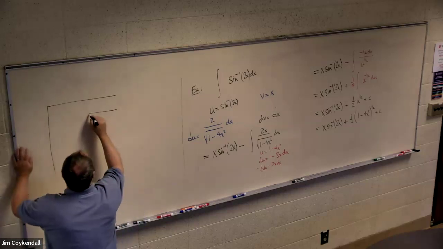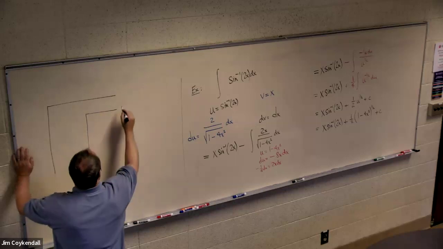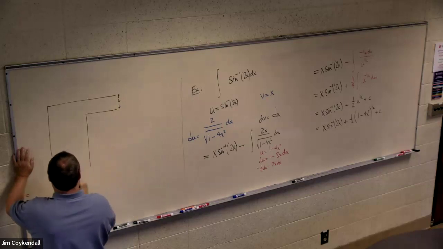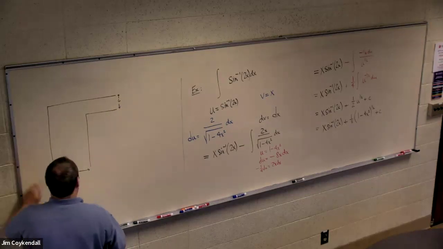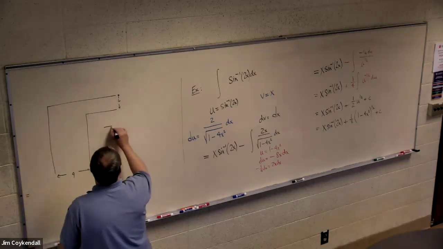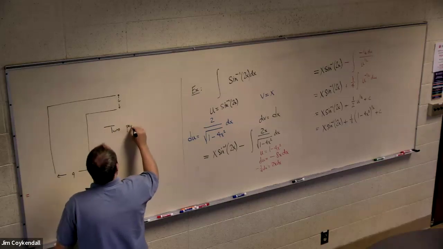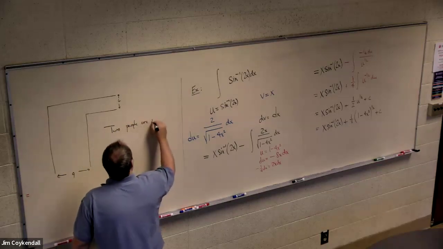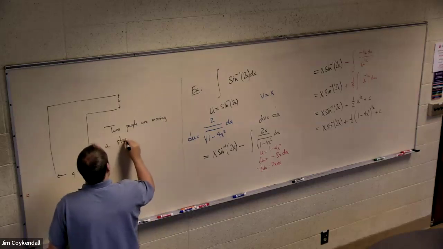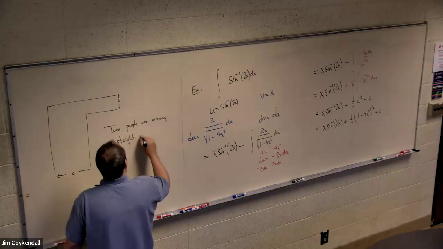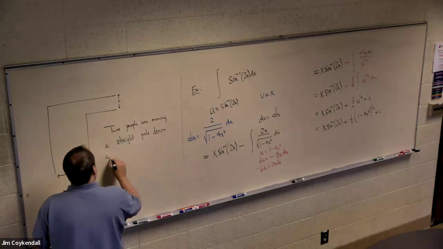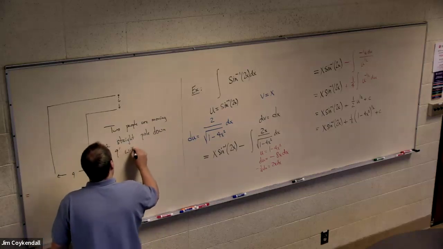So, 6 feet, 9 feet. Two people are moving straight and cold down a 9-foot line. All of them.